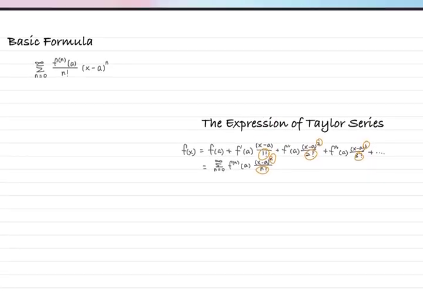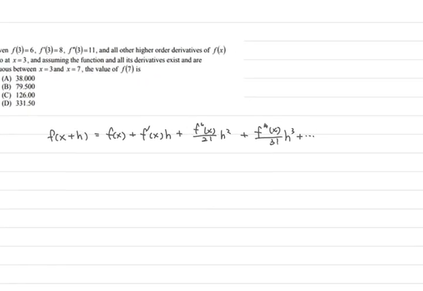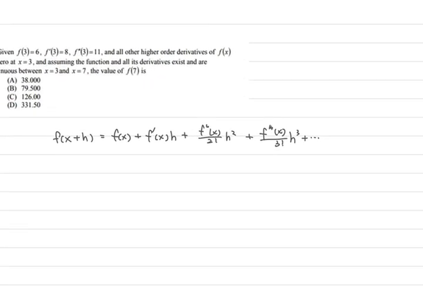This is the same as above, as here I wrote x plus h and the expression is a, so it is the same. And we can get information from the title that x equals 3, h equals 7 minus 3, which is 4.